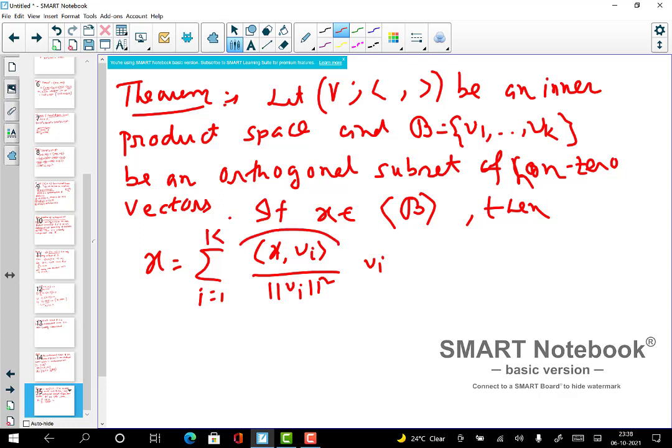These will be the coefficients that you can find in terms of inner product. This is the great advantage in an inner product space; in a general vector space you cannot see this. These coefficients are also called Fourier coefficients, we'll define it later.